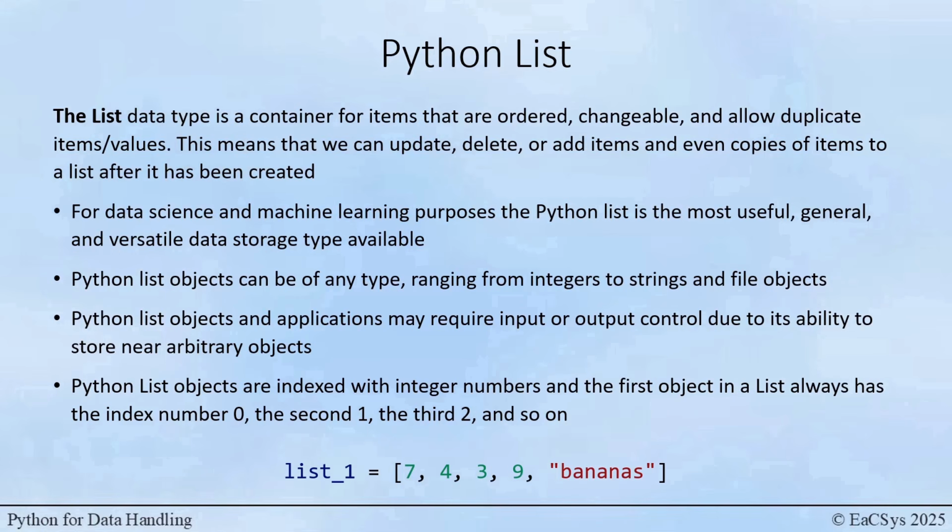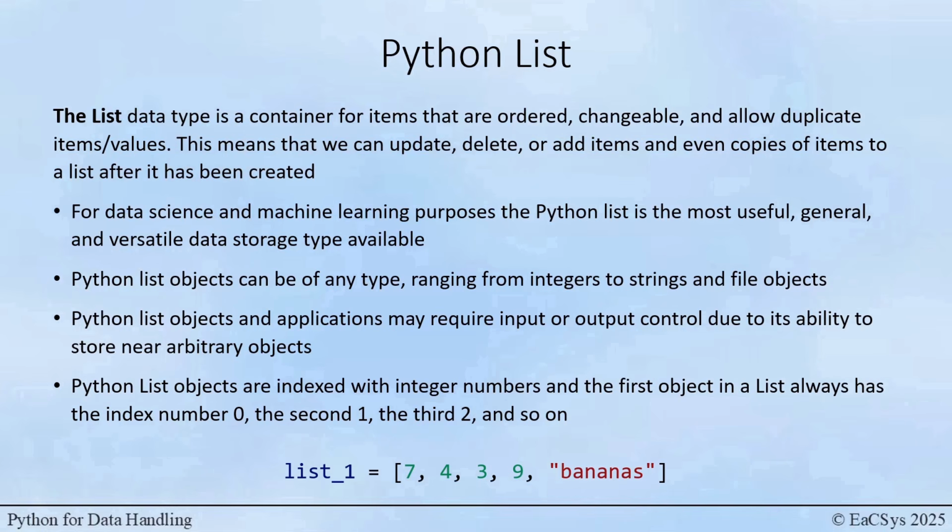So, right, this description shows the most important properties of the list: the list's flexibility and the need to control the list and its objects either at input time or at output time, or perhaps at both.